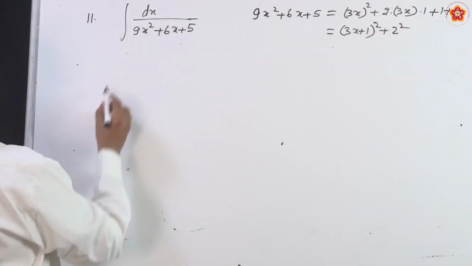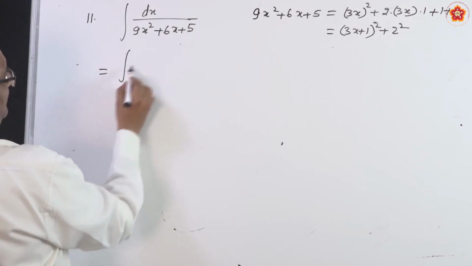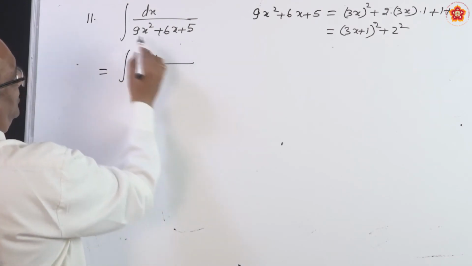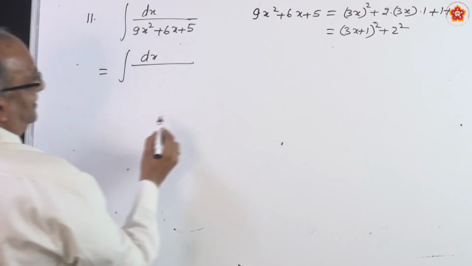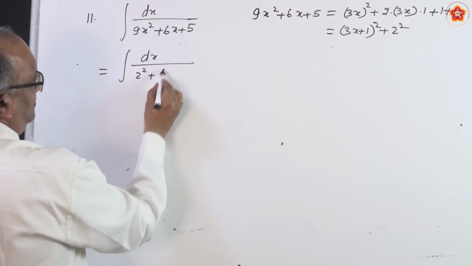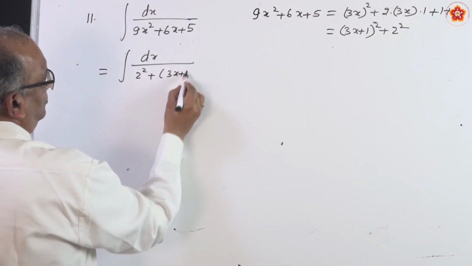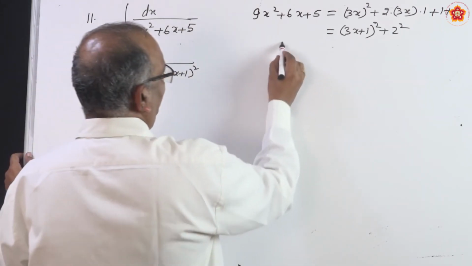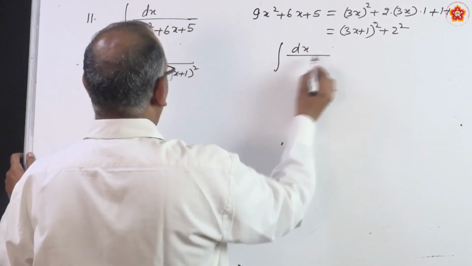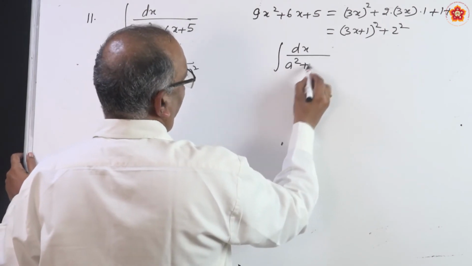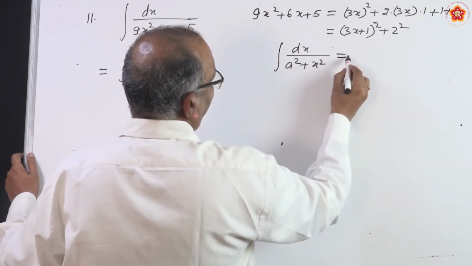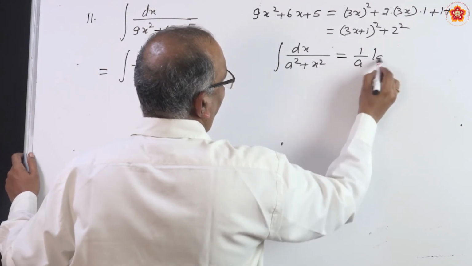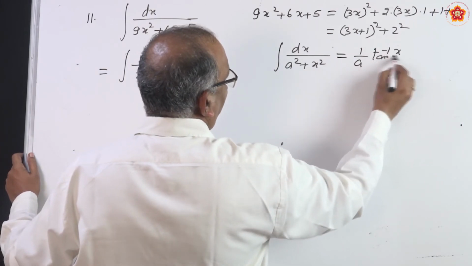Substitute that here. So, this will become dx upon, this whole expression can be written as 2 square plus 3x plus 1 whole square. It is in the standard form. What is the standard form? Integral of dx upon a square plus x square is equal to 1 by a tan inverse x by a.